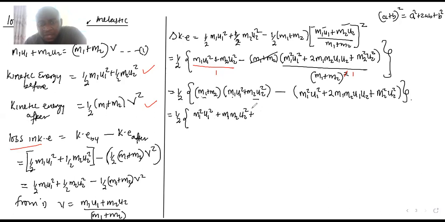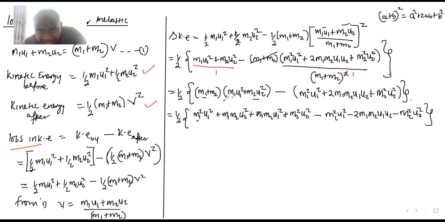M2 goes into the other small bracket, confirming M1 M2 U1 squared, plus M2 squared U2 squared, minus, open biggest bracket, M1 squared U1 squared, plus twice M1 M2 U1 U2, plus M2 squared U2 squared, close curved brackets, all now is over.